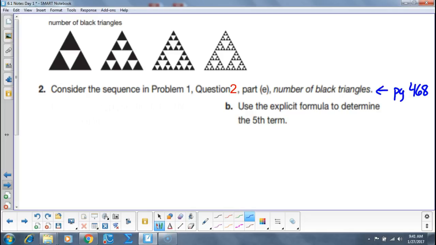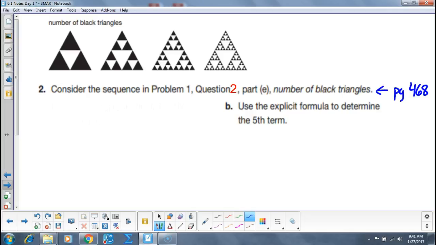It's number 2 on page 470. All right. So that's black triangle. You just put it in the wrong spot. That's okay. So we're still on page 470.